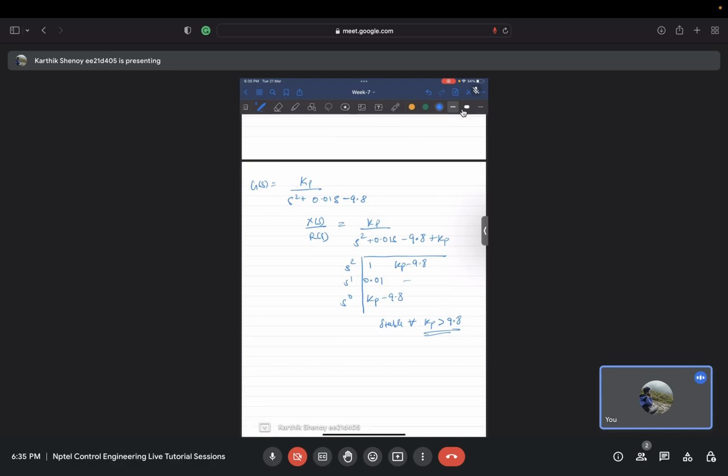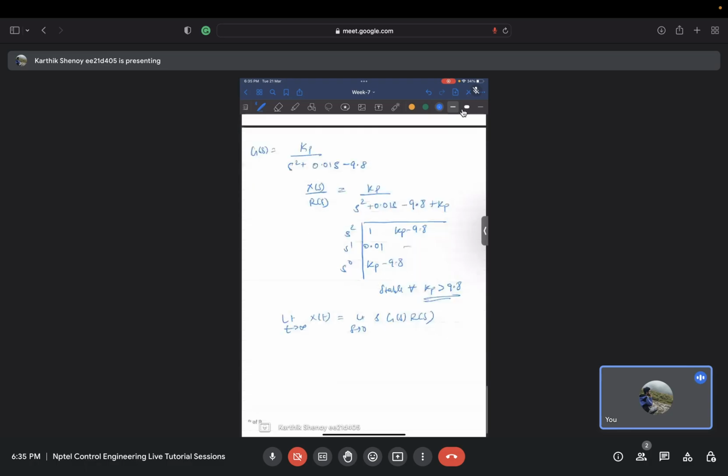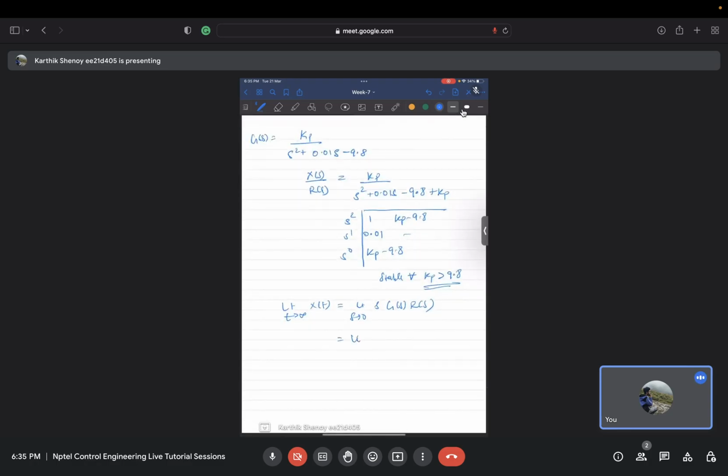what is my steady state value? So limit t tends to infinity, x of t is the same as limit s tending to 0, s G of s R of s. R of s is a step input, so that is limit s tending to 0 of G of s, which is equal to Kp divided by Kp minus 9.8.